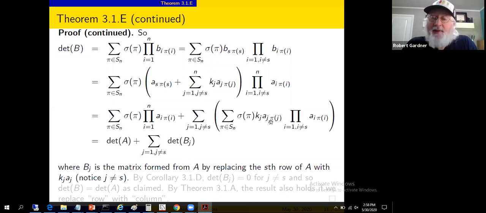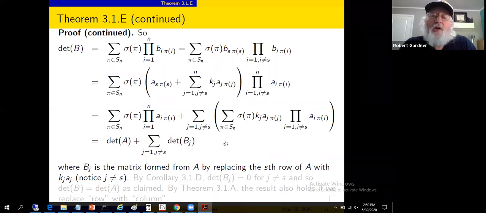It doesn't have an S on it because of the symbols we've used, but let's define a new matrix, B sub j, where for i equals 1 to n, B sub j has the same entries as A, except in the S row, where it has this K sub j, A sub j, pi of j stuff.